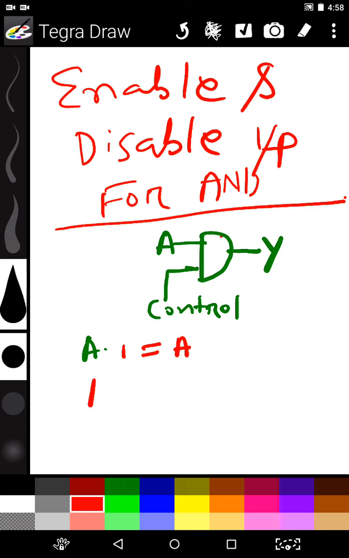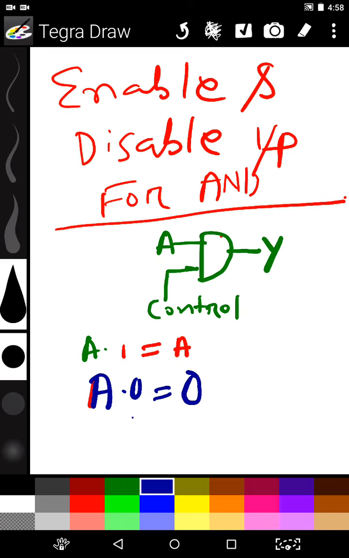But if A dot 0, that is, if the control input is 0, the output is always 0. That means there is no variation of output with respect to input.